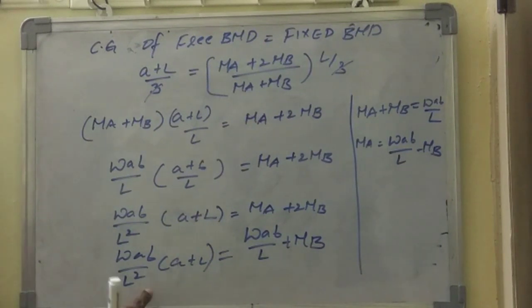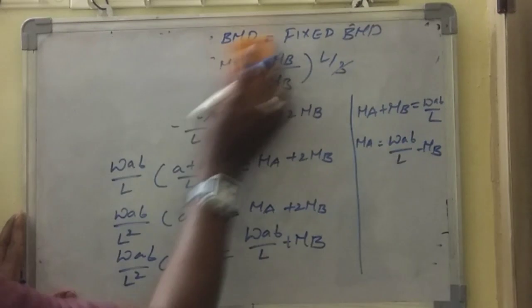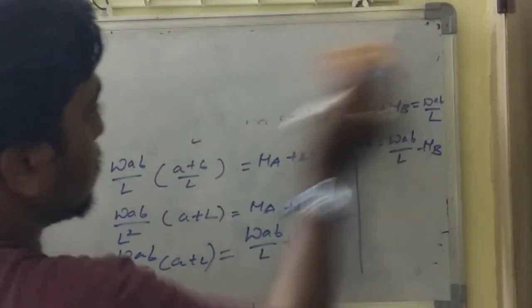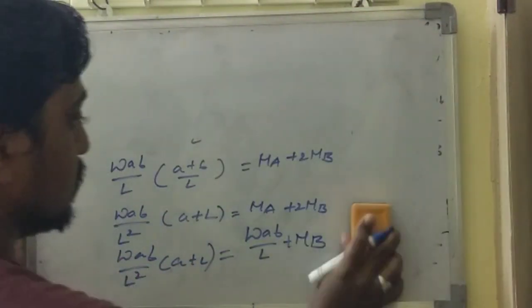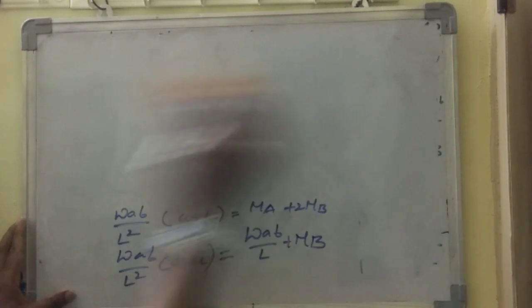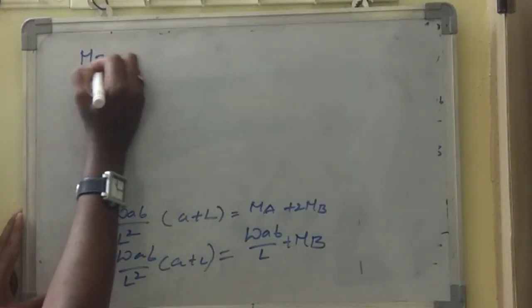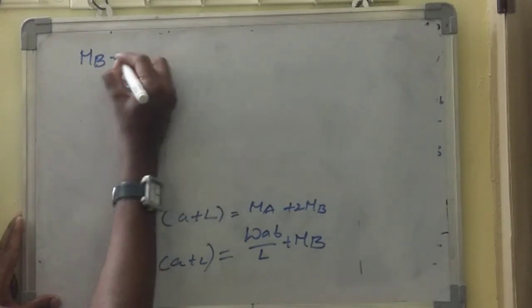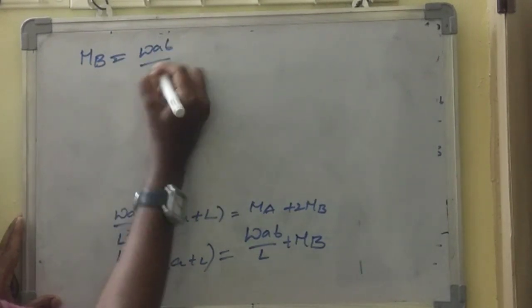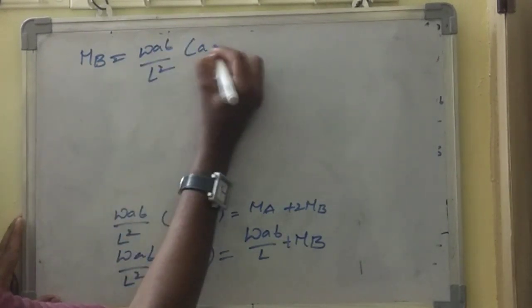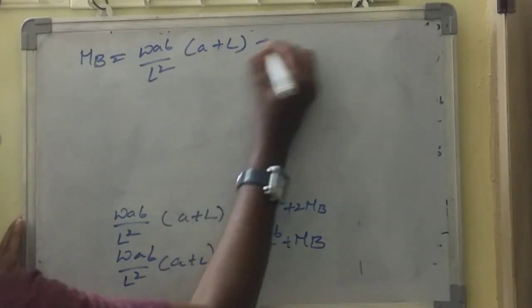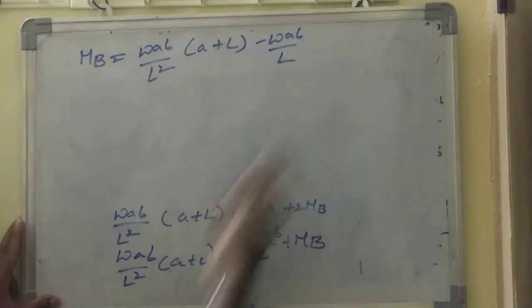So send this one here and simplify. MB equal to, I am sending this one here, WAB/L² into (A + L) minus WAB/L.